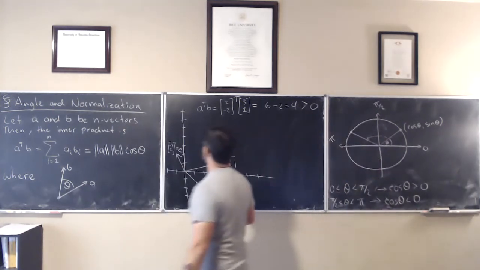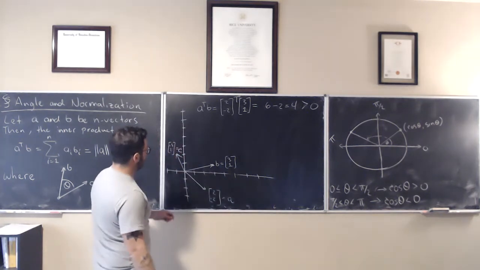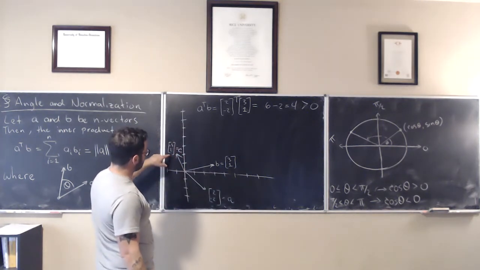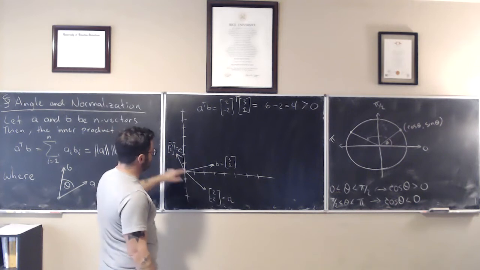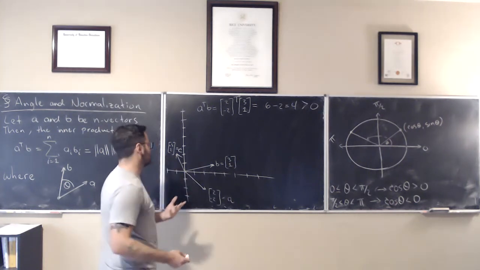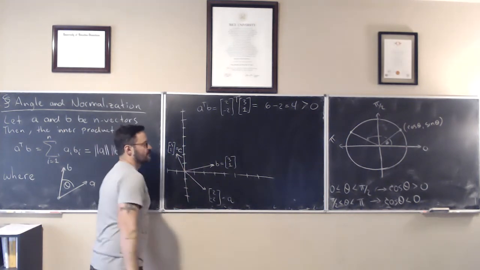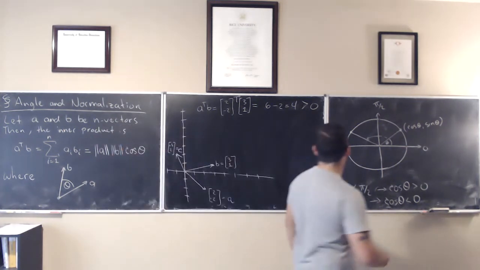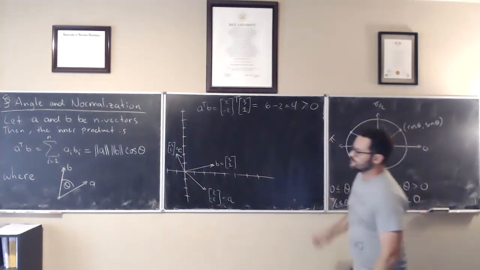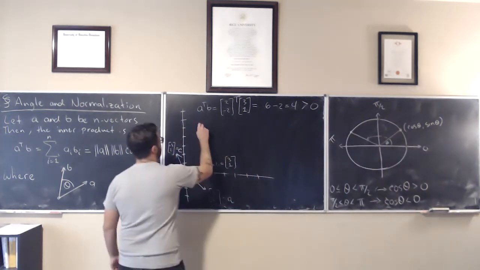So now, for example, if I look at the dot product of C, or the inner product of C and A, that should be less than 0, because the shortest angle between them is going to be greater than 90 degrees. So let's just verify that.